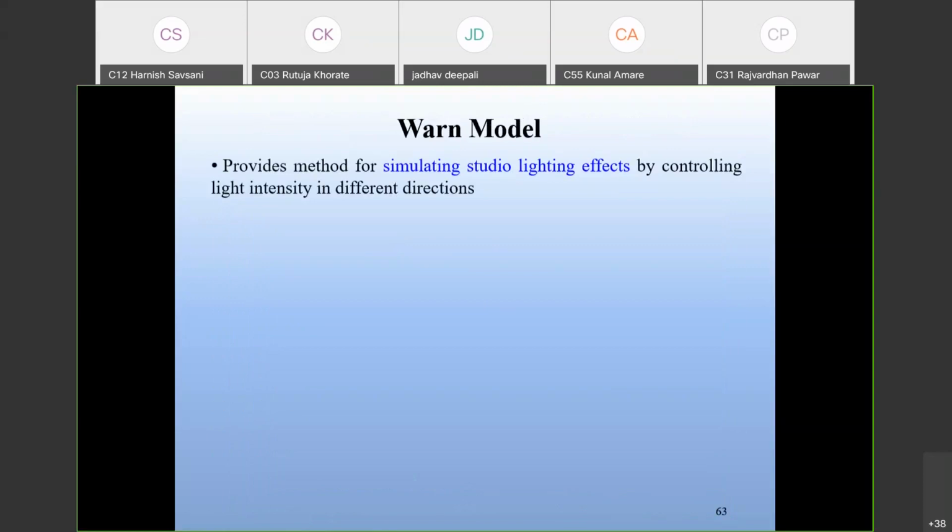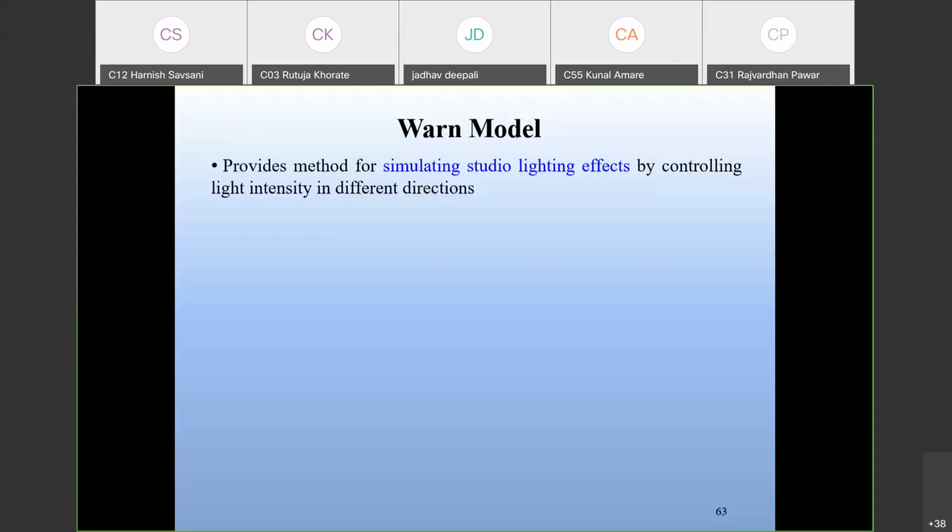Normally when we take a picture with our mobile, we use whatever light is available at home or in college. You are not using many light effects with your mobile. You can only change the flash, night mode, day mode, etc. But light effects we cannot add.